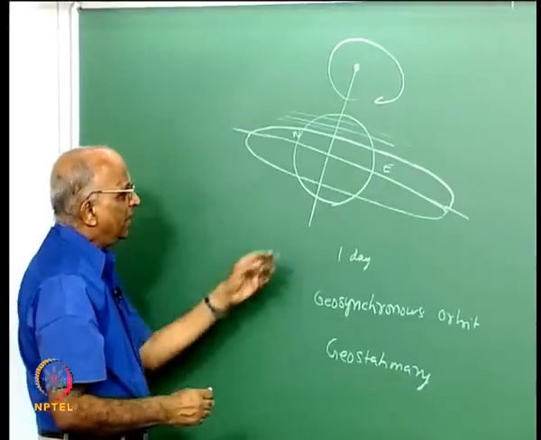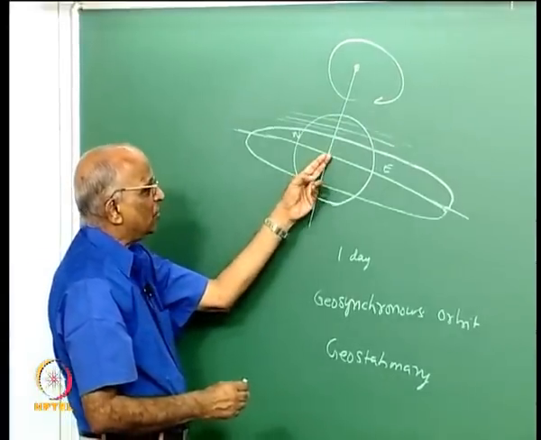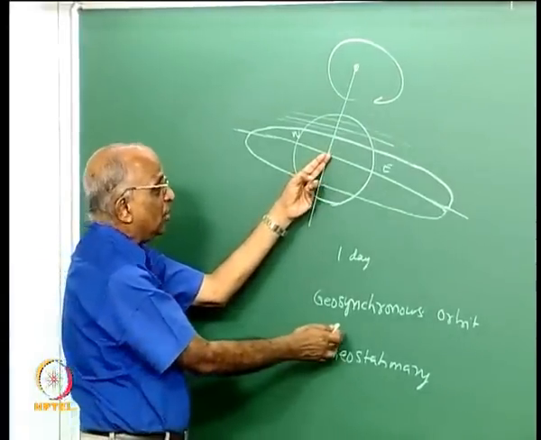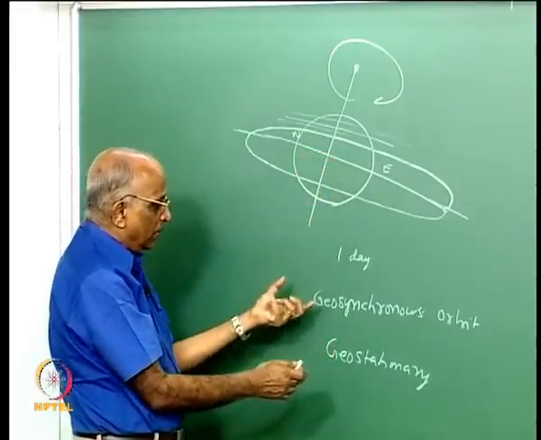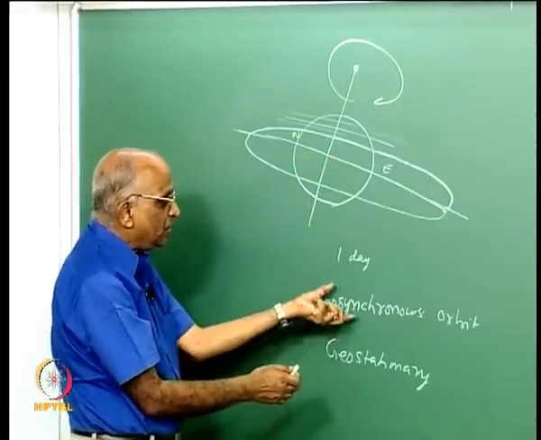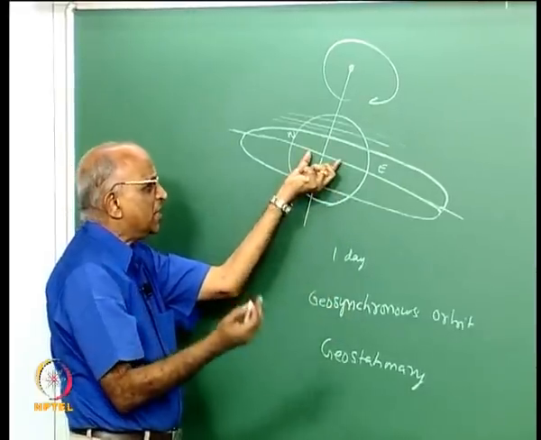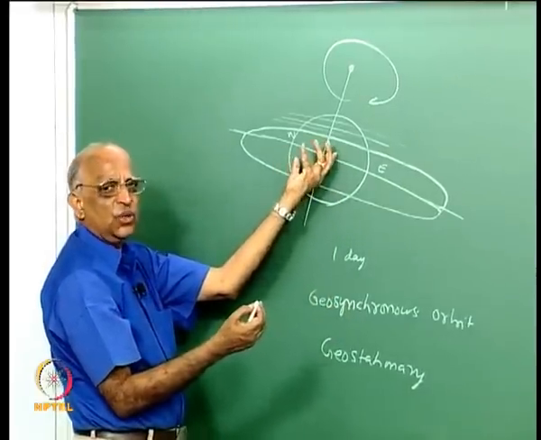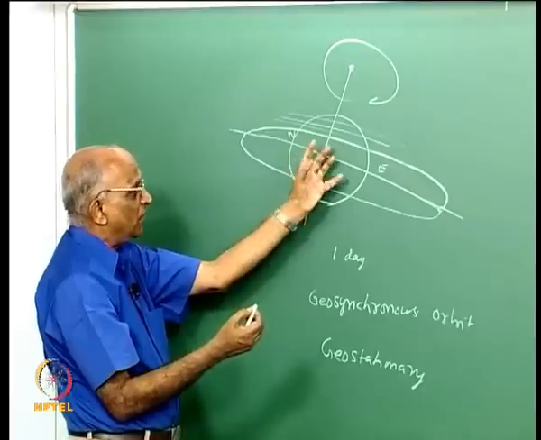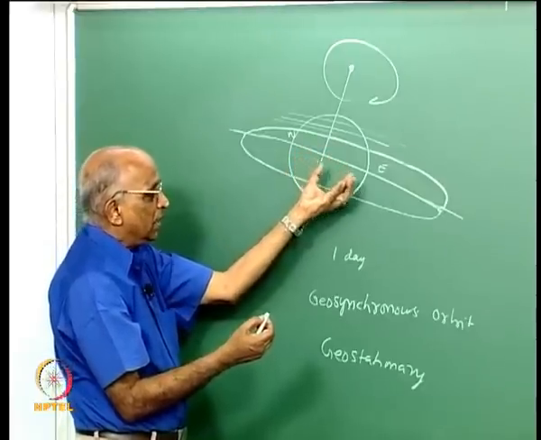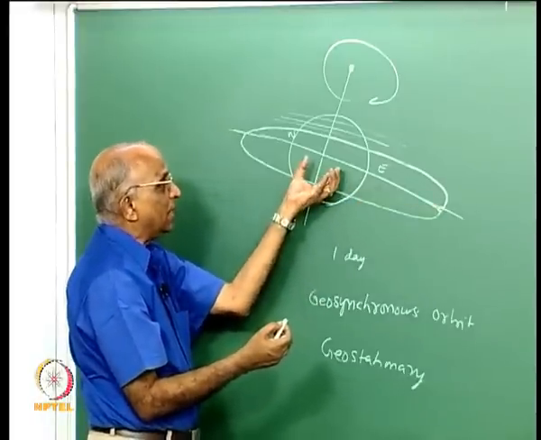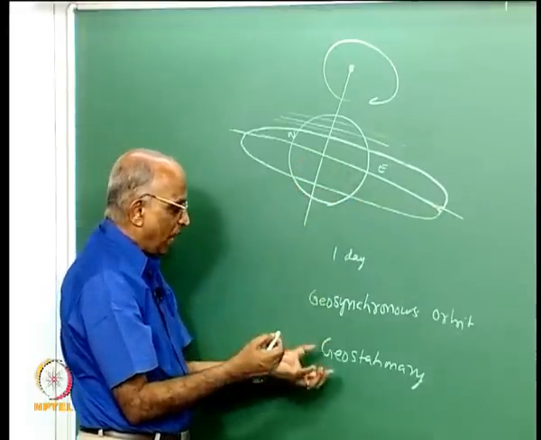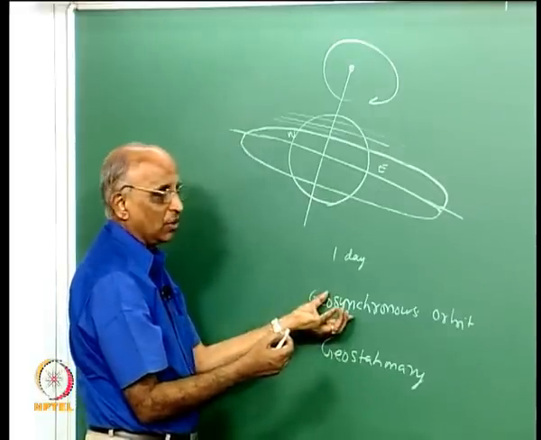It is not necessary that we should have geosynchronous and geostationary orbits only for the earth. It is possible to have them for any other planets so long as the planet is rotating. Any other heavenly body, if it is rotating and the satellite or object is moving at the same rate as the rotation of the body, we could have a geostationary or geosynchronous orbit.